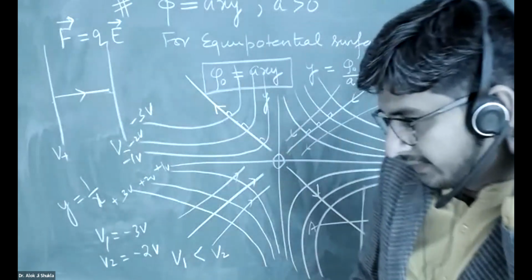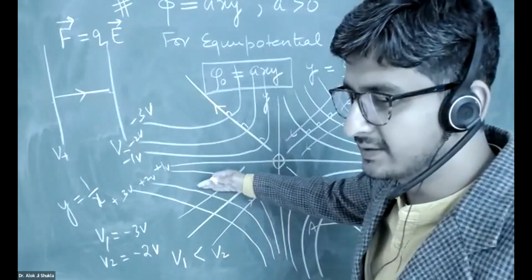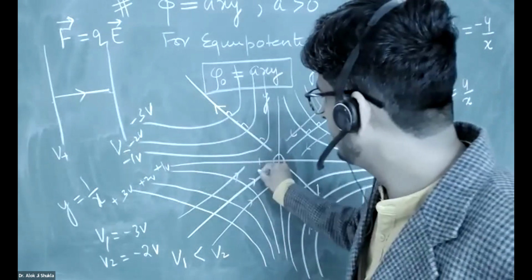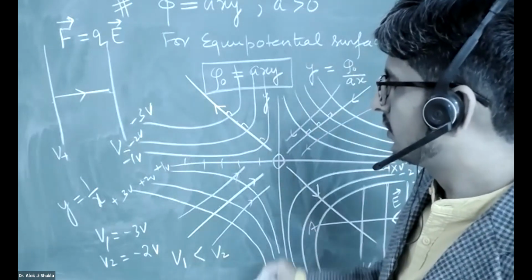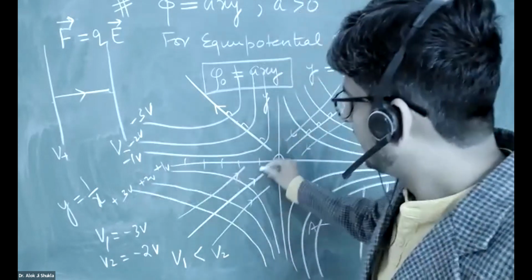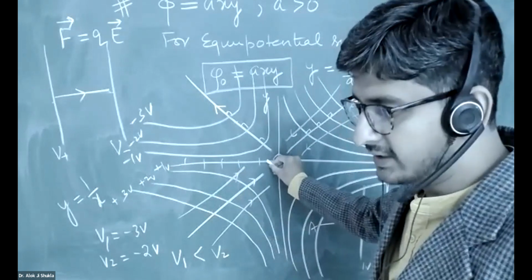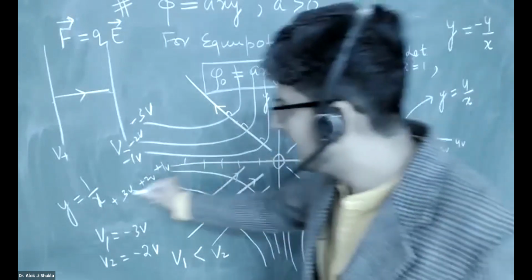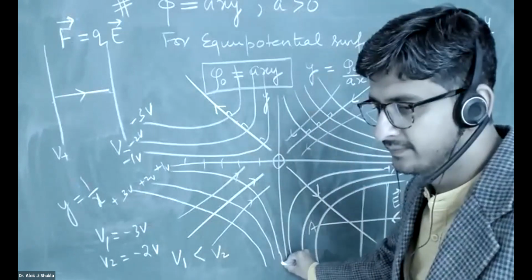Now the value of x is negative in this side because these values are -1 -2 -3, so if you plot it, you will get -1 -2 -3. So when you are very close to this, that means the value of x is very small but negative, so you will get very large and negative number.